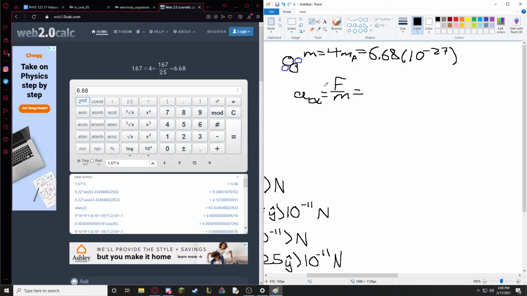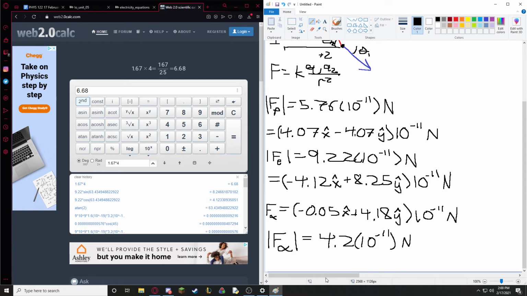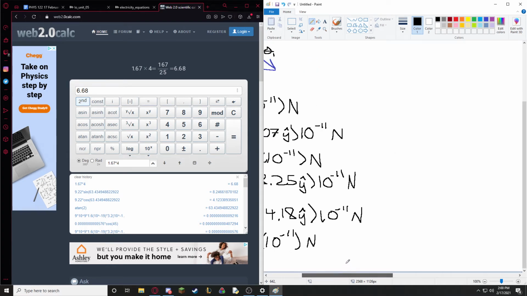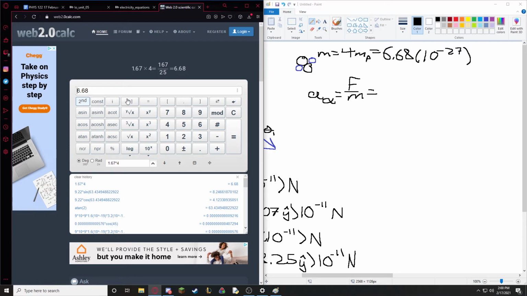So, now to calculate our acceleration, we take the magnitude of our force. It'll be about 4.2 times 10 to the minus 11 newtons. And we're going to divide by our mass, which is 6.68 times 10 to the minus 27.